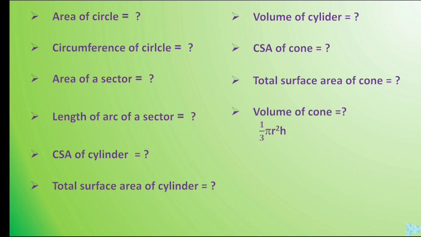It's equal to 1 over 3 pi r square h. Volume of cone is 1 over 3 pi r square h, while volume of cylinder is pi r square h.